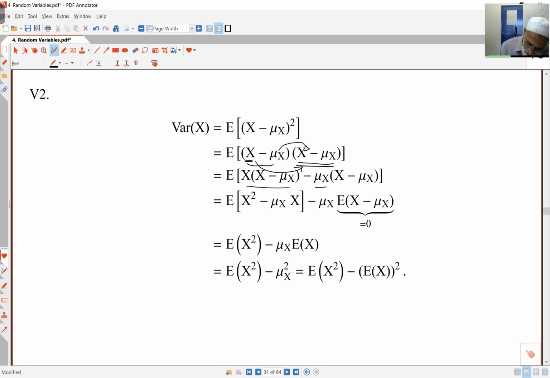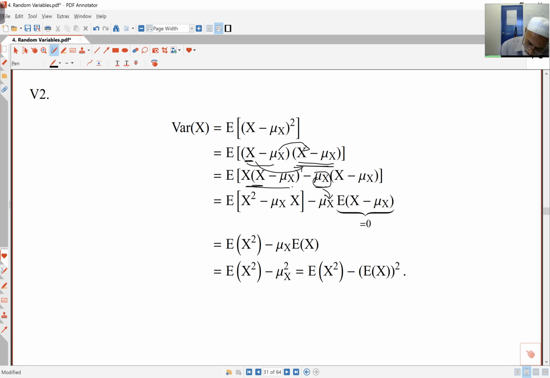That's my first term, E of x squared minus x times mu x in the first term. And then the E of this lot over here, this is the constant, so I've taken the thing outside the expectation sign. And then I'm left with the expectation of x minus mu x. And I know from my earlier rule on expectations, that's going to be 0.